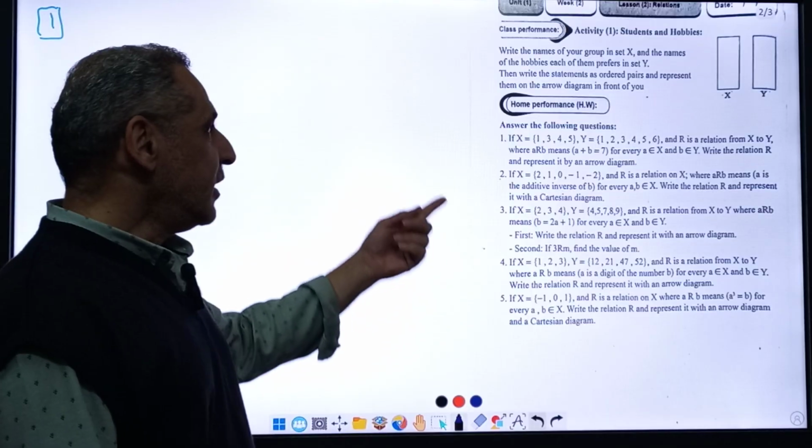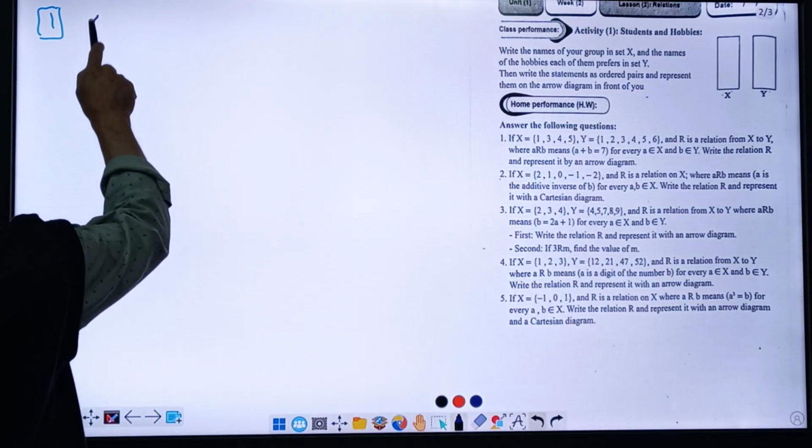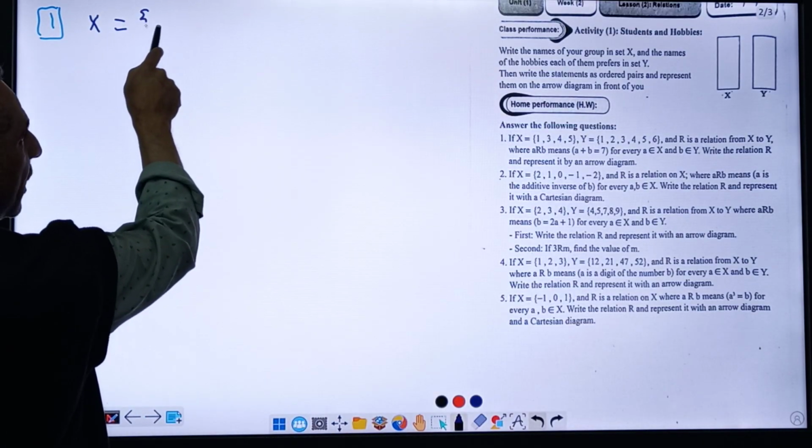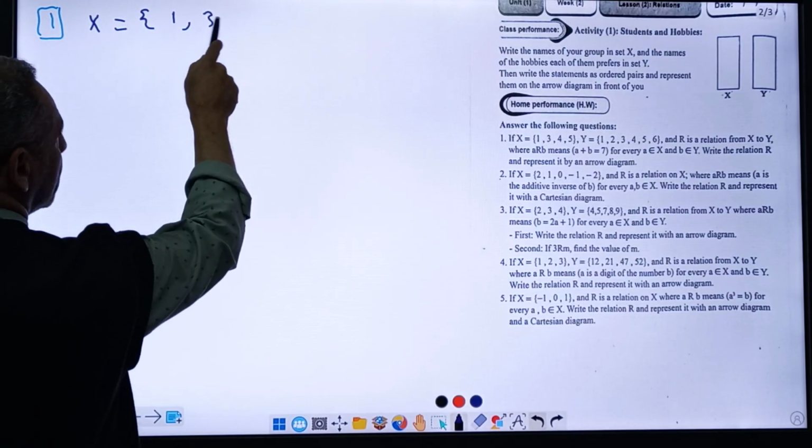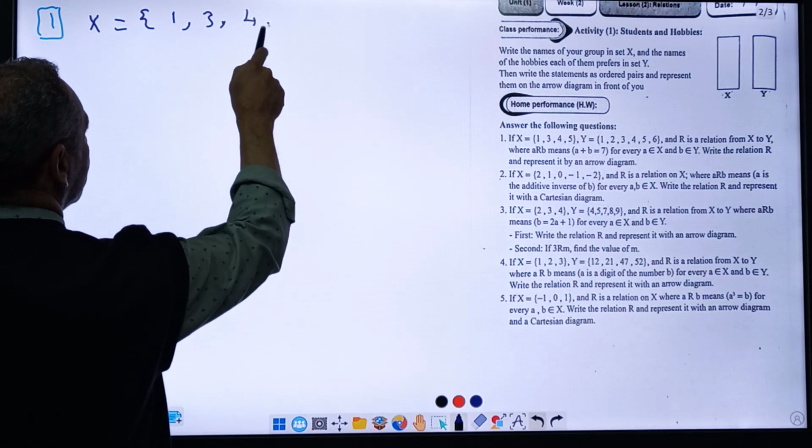I have X, the set of elements 1, 3, 4 and 5.